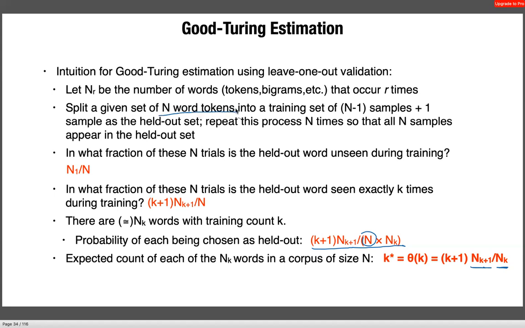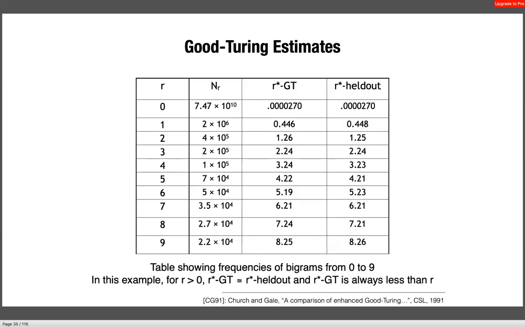And you're saying I want to give an estimate, an expected frequency in some other held out set, but all I have available with me now are all these observed sets of words. What would be a reasonable estimate I can make? Okay, and that is exactly what this Good Turing estimation gives us. So here we've derived that to be k plus 1 times nk plus 1 by nk.